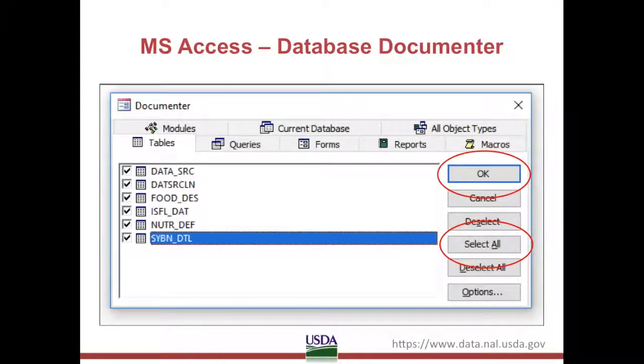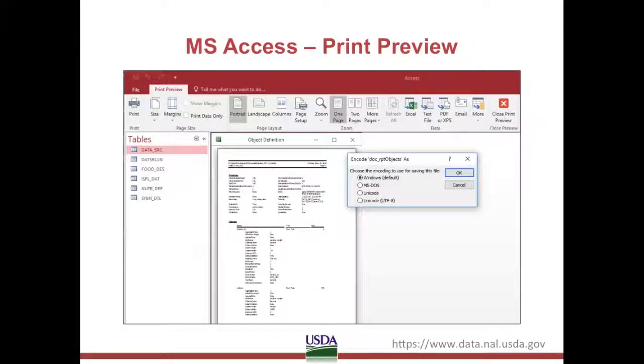Once I have all my choices checked, I will choose OK to generate the document. That brings up a print preview dialog showing the document, and from here you can choose the format, orientation, and a lot of other customizations to make this document look the way you want it to from the toolbar at the top of the interface.